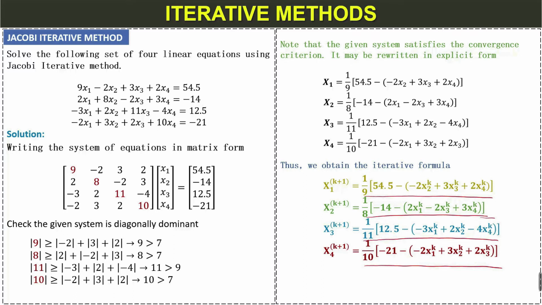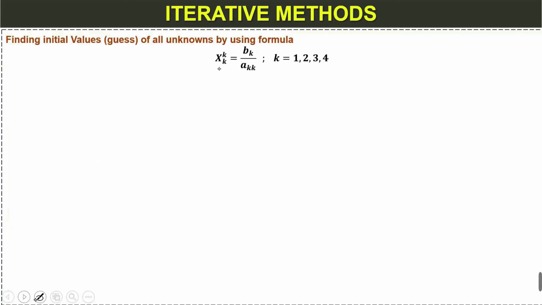We can also take the initial solution as all zeros. But if we calculate the initial guess by using this formula, then the solution will converge faster toward the exact solution than if we take the initial estimated solution as zeros.